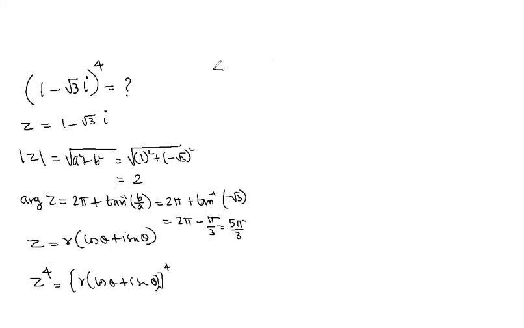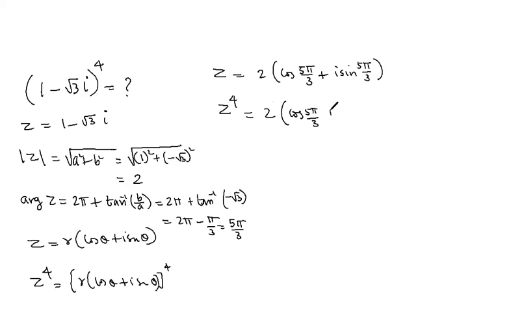So I can write Z as r, which is 2, cos 5 pi by 3 plus i sin 5 pi by 3. And you have to calculate Z raised to 4. 2 into cos 5 pi by 3 plus i sin 5 pi by 3, the whole raised to 4.